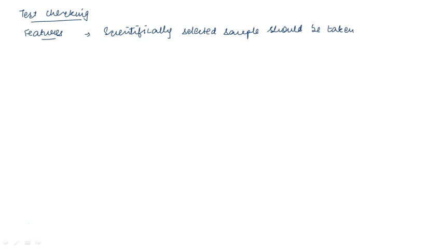Right? So first of all, because it is a mathematical truth that whenever you take scientifically selected samples, they are going to reflect the exact features and characteristics of that group itself. After that, it is just an estimation process.